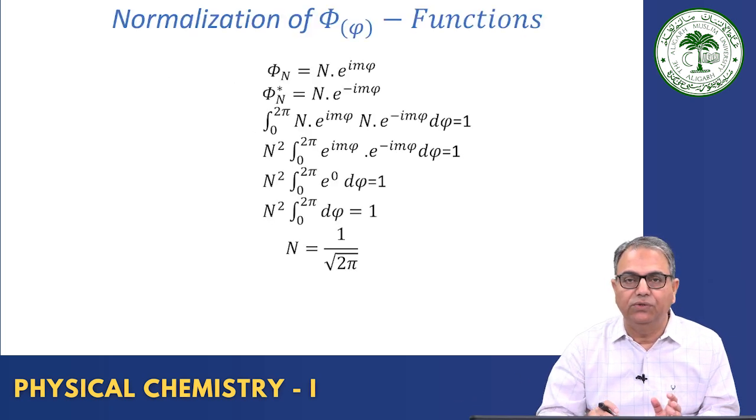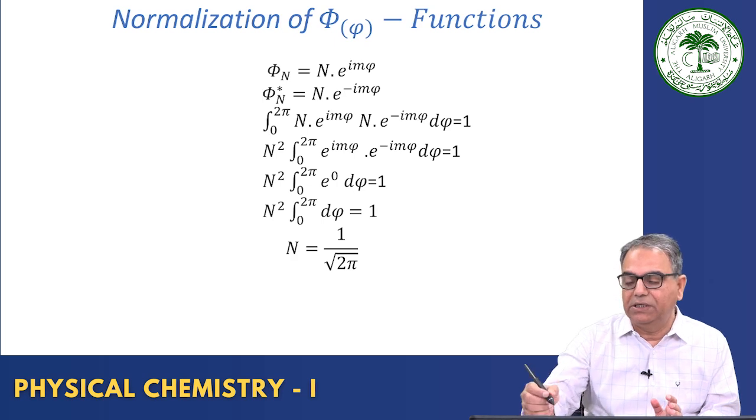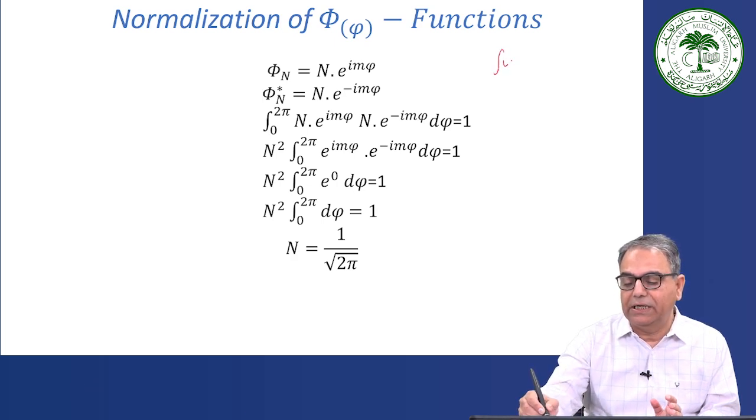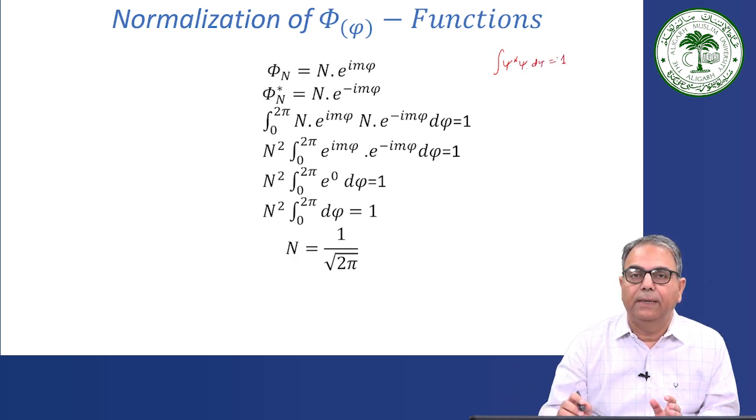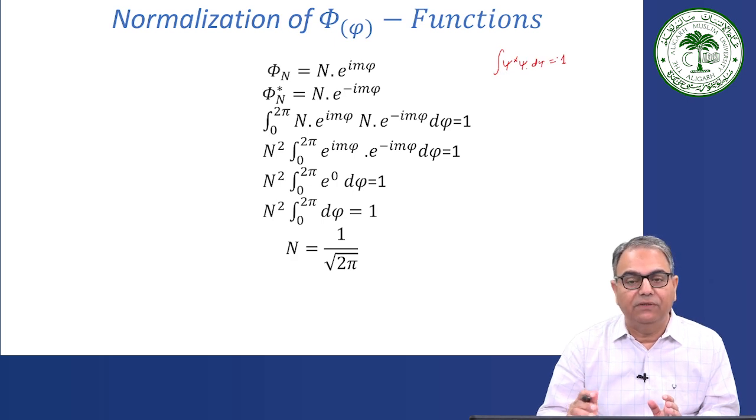So, here also we will do the normalization, and it is very easy, because the normalization condition remains the same: the integral of psi star psi d tau is equal to 1. Here we have only the phi part of the equation, so the volume element is d phi only.